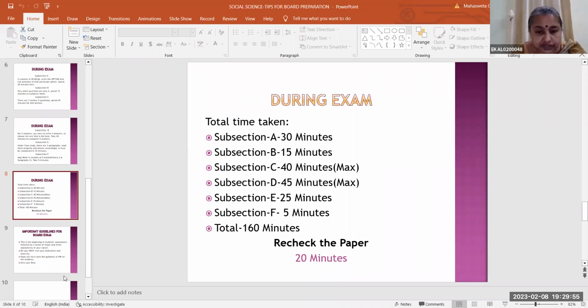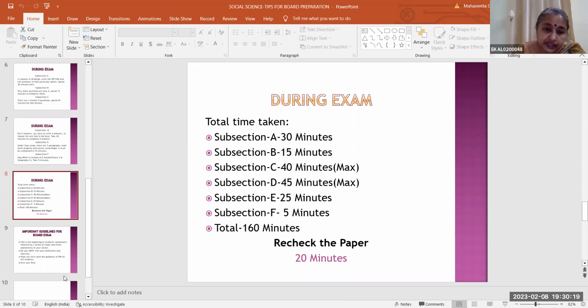Total 160 minutes. Now you have 20 minutes for rechecking. When you are writing, you are already reading, and at this moment you are only rechecking the paper. When you are rechecking, see it minutely, so that there are the least amount of changes, but still check question-wise.